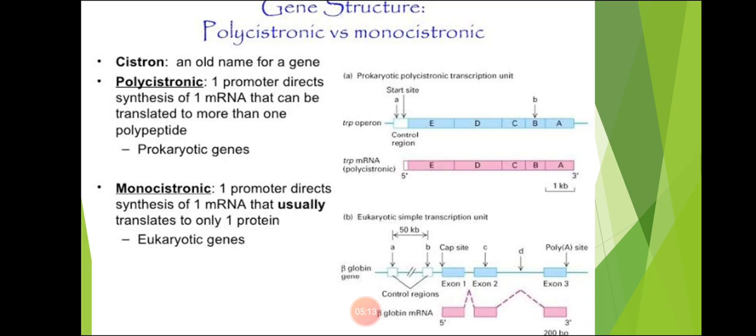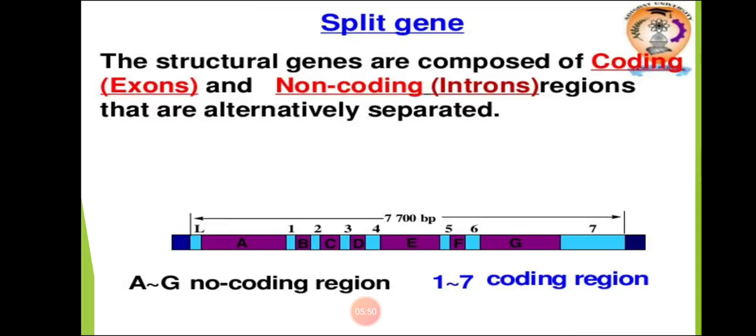Mono means single: one promoter directs the synthesis of one mRNA, which is translated to only one protein. In polycistronic, one promoter also directs the synthesis of one mRNA, but that is translated to more than one polypeptide.